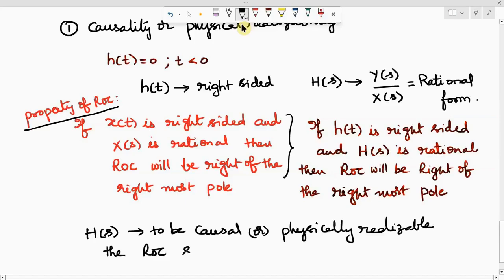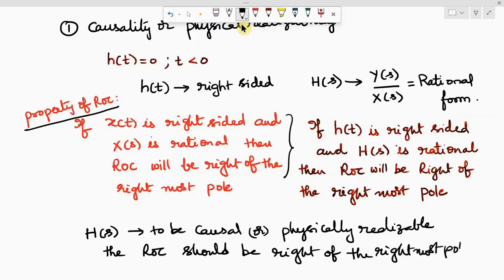The ROC should be right of the rightmost pole. This is the conclusion we derive from these properties of ROC and the impulse response condition we have seen earlier.